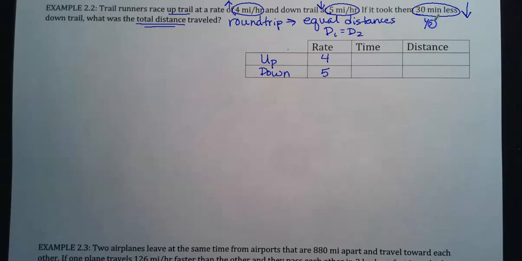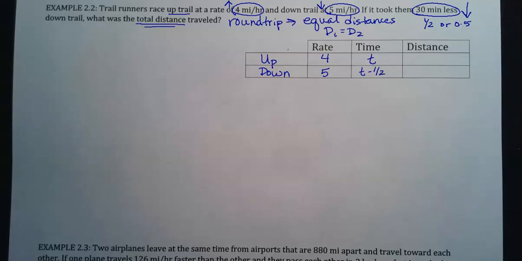You can write it as a half or 0.5, but it took 30 minutes less to go down trail. Do I know how much time it took to go up trail? Nope, we sure don't. So we could put in the T there for time. But we do know it took 30 minutes less. So for down trail, we would have T minus 1/2 or T minus 0.5. Again, whichever one you want.